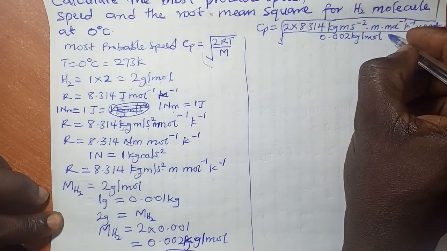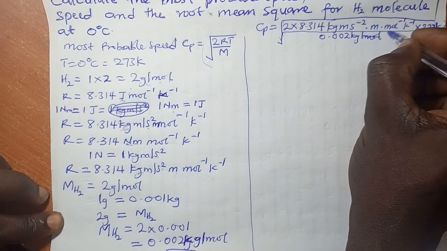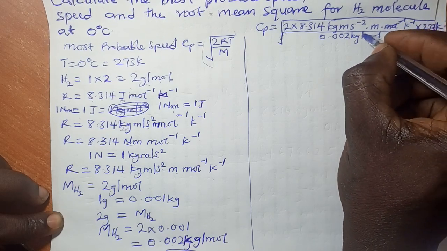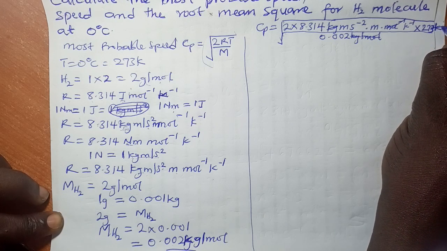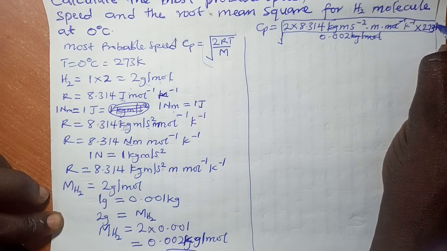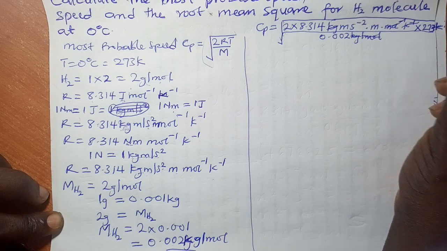So in that case, you can see this per mole will cancel out, this kilogram will cancel out, this Kelvin will cancel out per Kelvin.